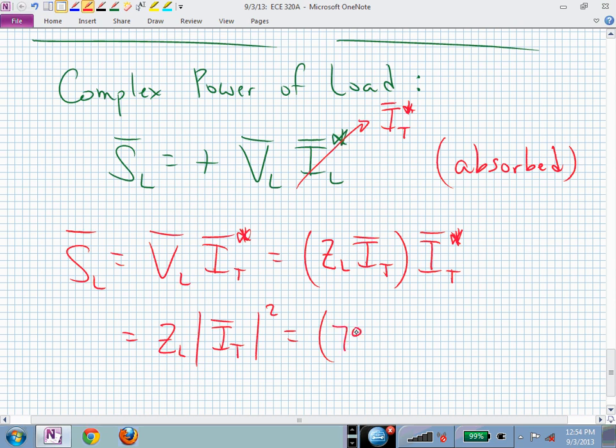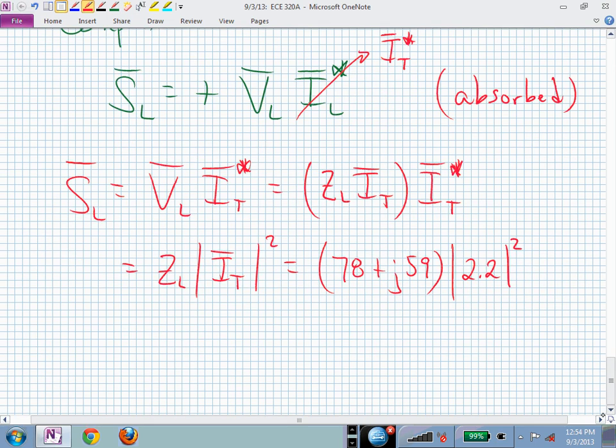Z sub L was this 78 plus J 59. I sub T had a magnitude of 2.2, and I can square that. If I multiply by 2.2 squared and push that through the two parts of my complex impedance, I end up with the complex power absorbed by the load: 377.52 plus J 285.56 volt amperes.